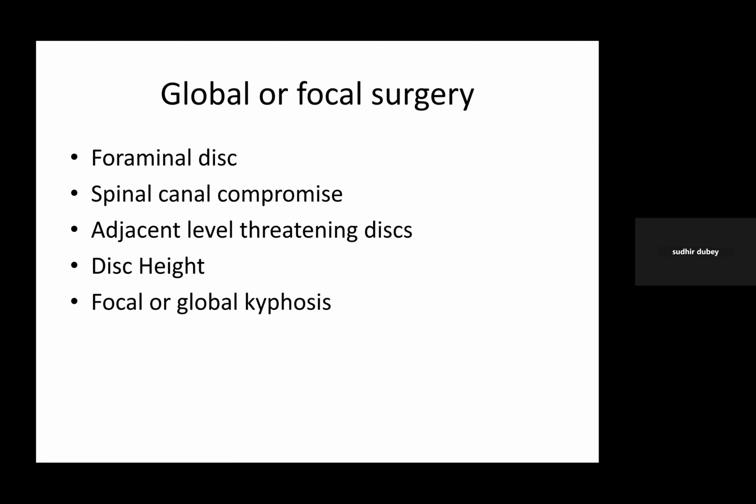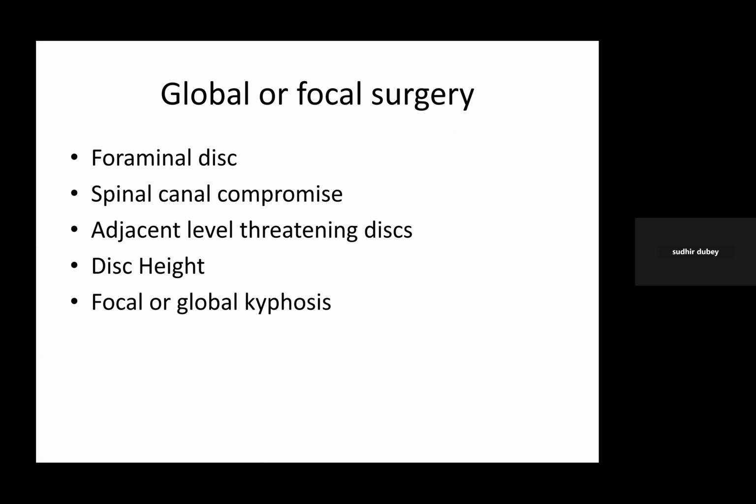When you have adjacent threatening discs, so if you are doing a C4-5 and you have a C5-6 disc also there, which sometimes can be on the opposite side, and sometimes the radiculopathy may be because of a smaller disc and the other disc might be bigger, that also will change your strategy.